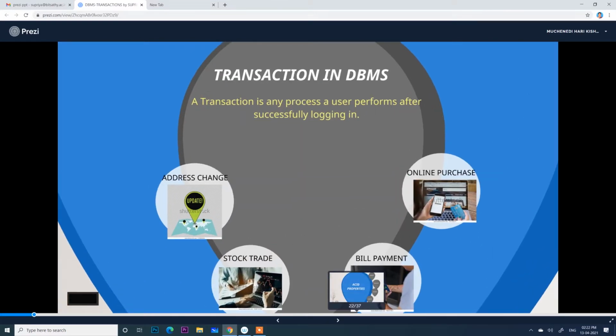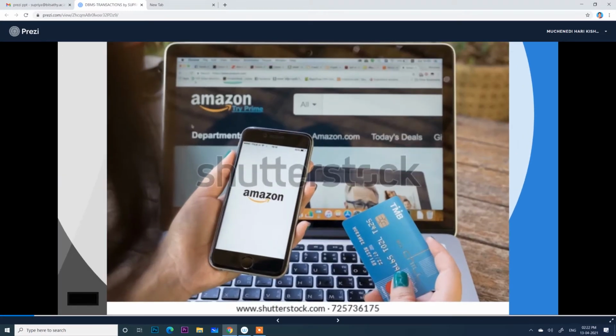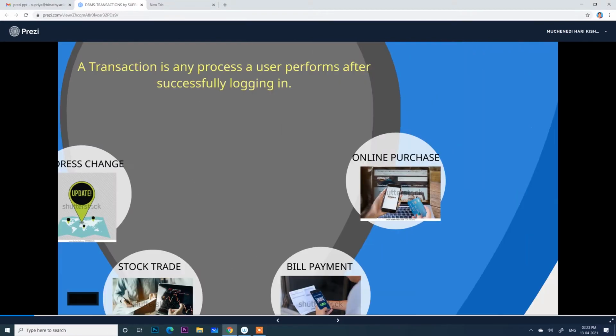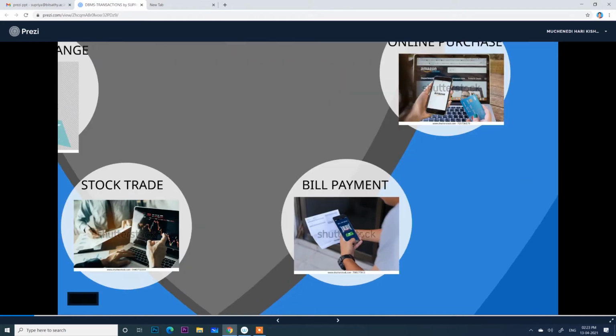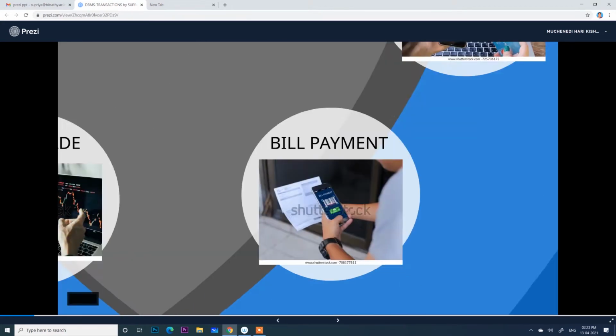So, in DBMS, a transaction is any process a user performs after successfully logging in. For example, the user may do an online purchase like using Amazon or Flipkart, or they may pay the electricity bill or water bill online.